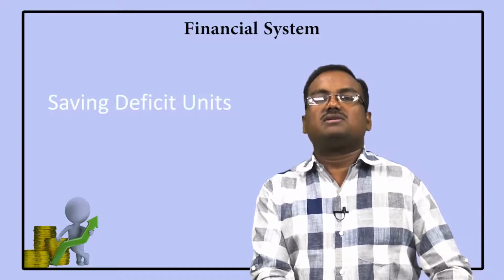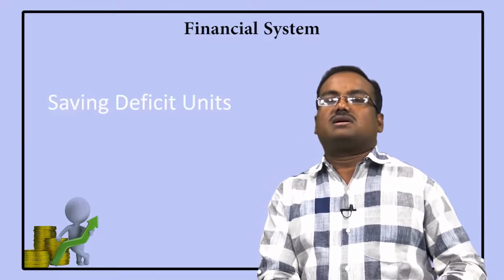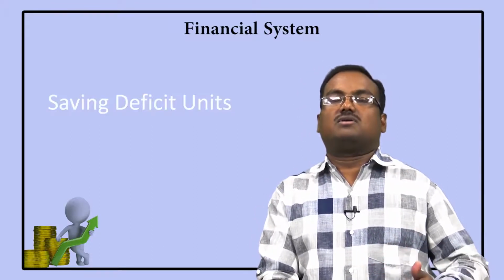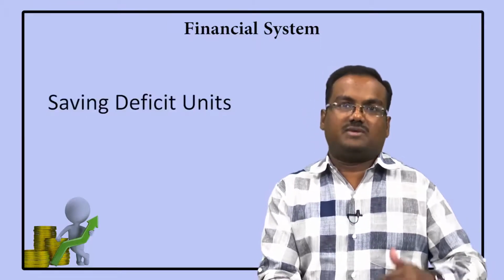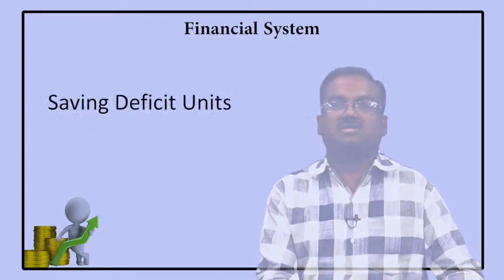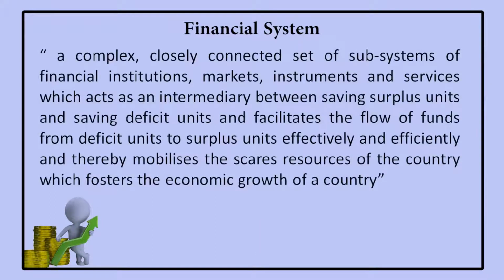And a savings deficit unit is when our expenses or consumption are higher than our savings. The main function of the financial system and the different financial institutions is to supply funds from the savings surplus units to the savings deficit units effectively and efficiently.